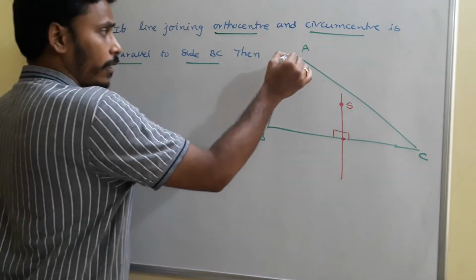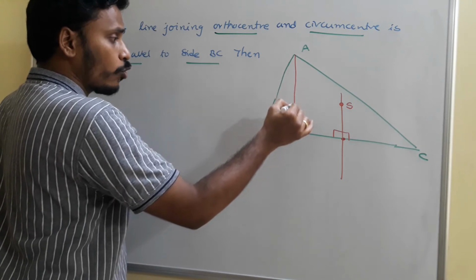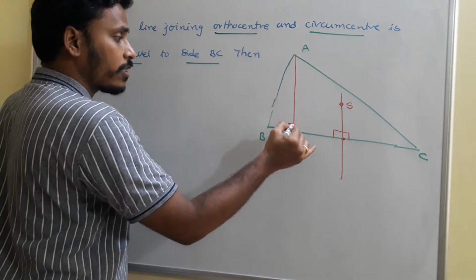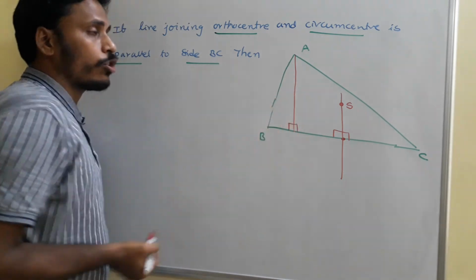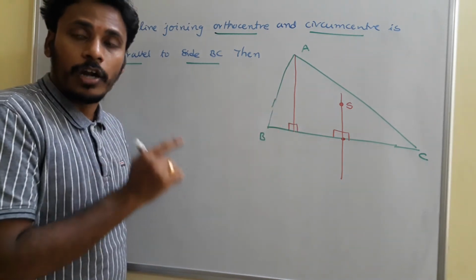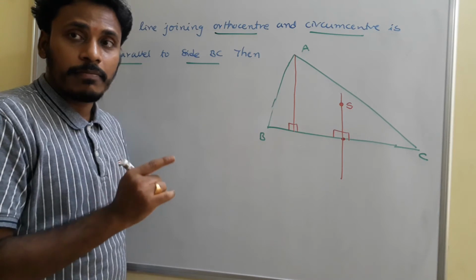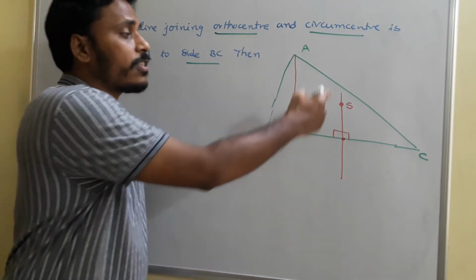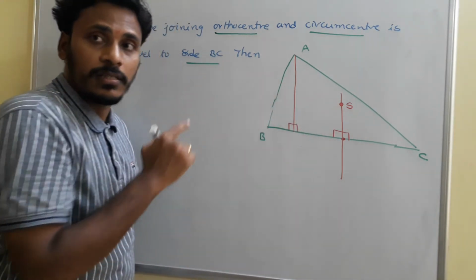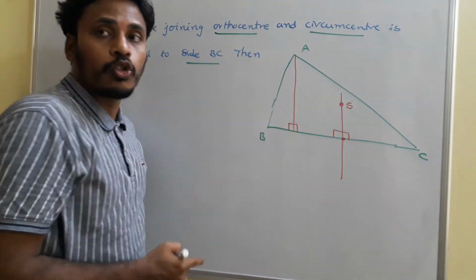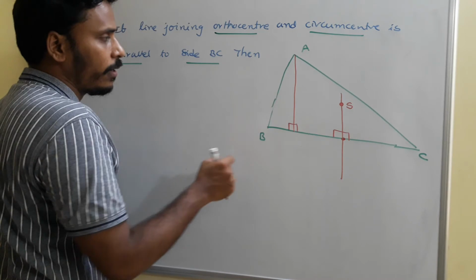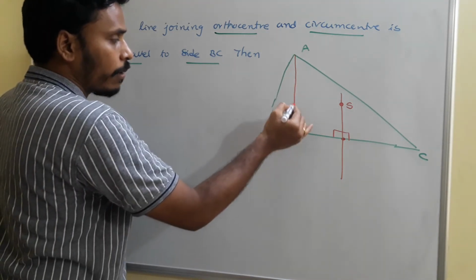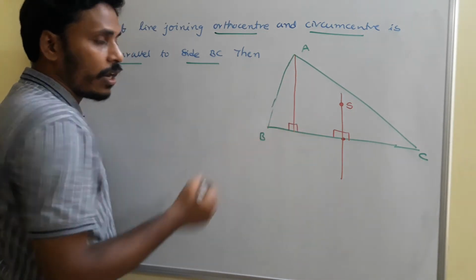The altitude is the line passing through a vertex perpendicular to the opposite side, and somewhere on it is the orthocenter. This is the perpendicular bisector and S is the circumcenter. This is the altitude, and somewhere on it is the orthocenter.